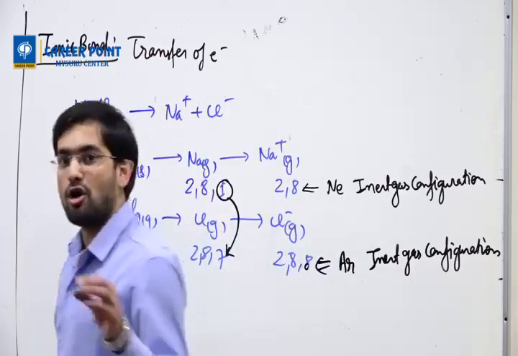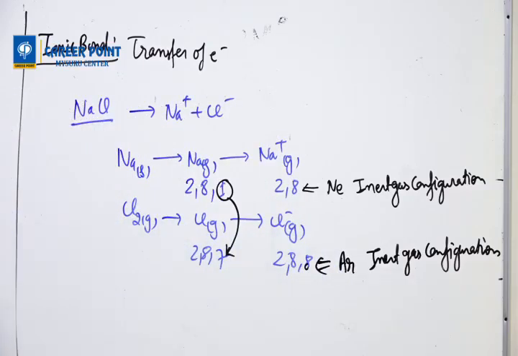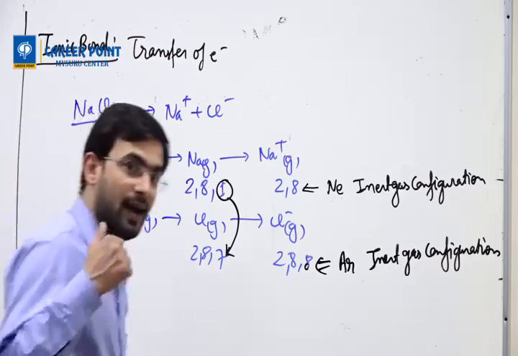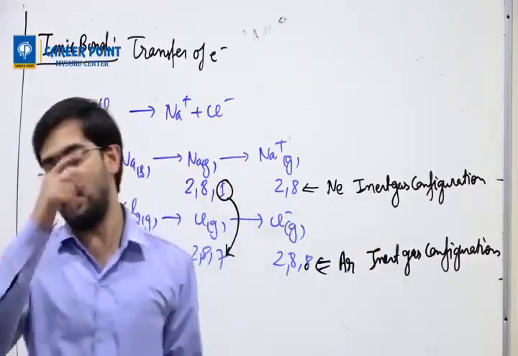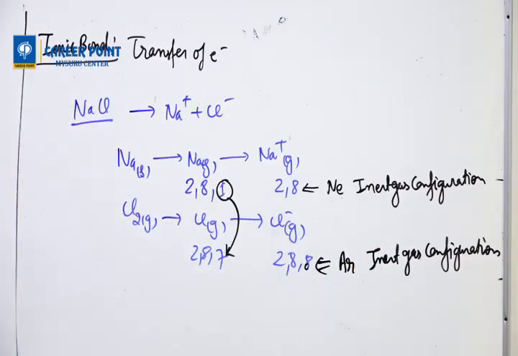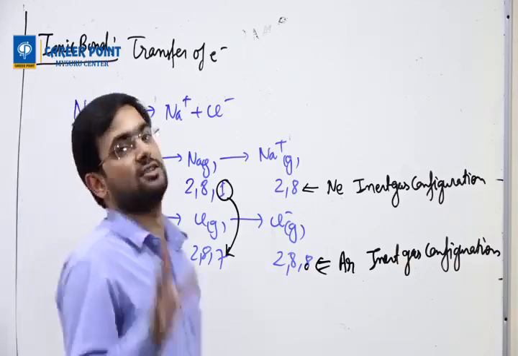So ionic bonds are formed when individual atoms form respective cation and anion in order to get inert gas configuration. Now which inert gas configuration? Whichever is nearest.